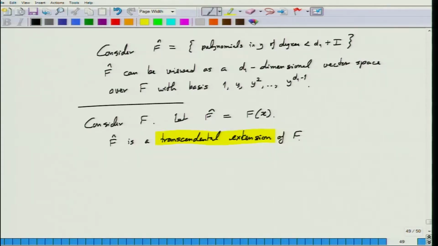This is clearly not an algebraic extension. Firstly, it's an extension because F hat contains F. But there is really no polynomial involved in this extension.